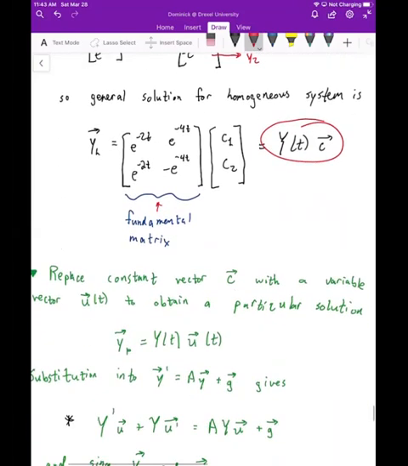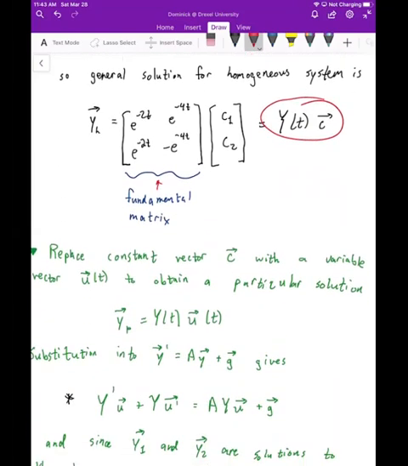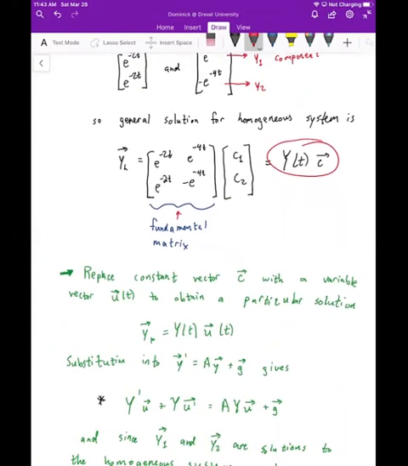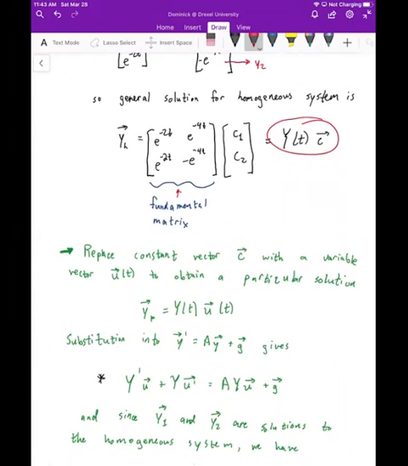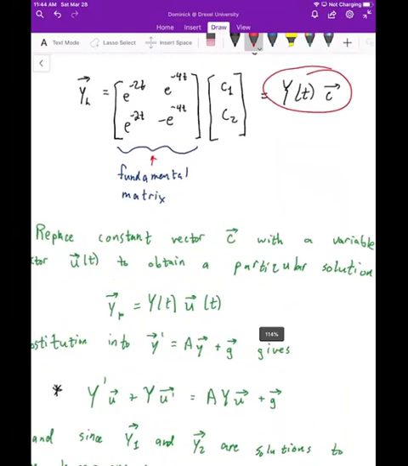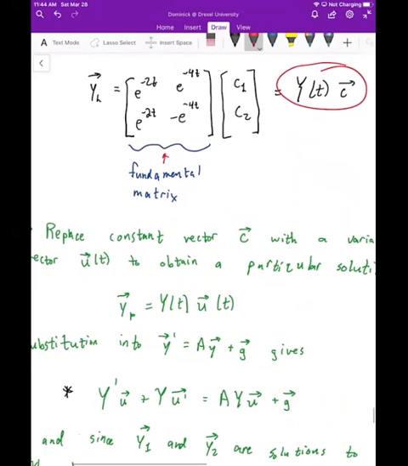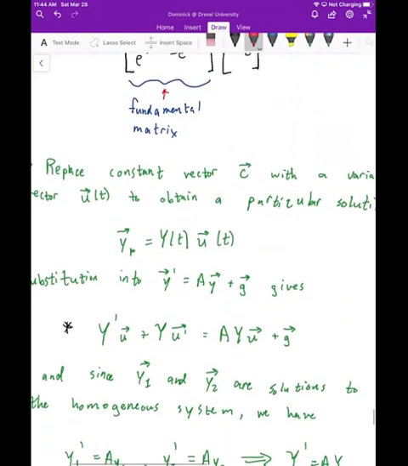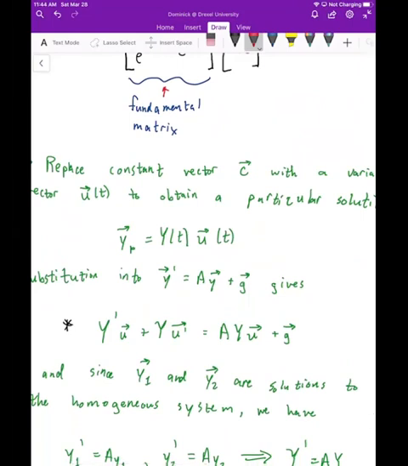Now what we're going to do is replace the constant vector C with a variable vector u of t, just as we did in the single ODE case, and we're going to use that to find a particular solution. So now of course if we substitute this into our original ODE, if you take yp prime, you can find that by the product rule.